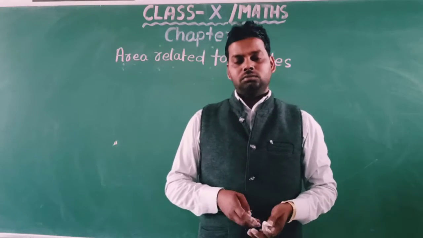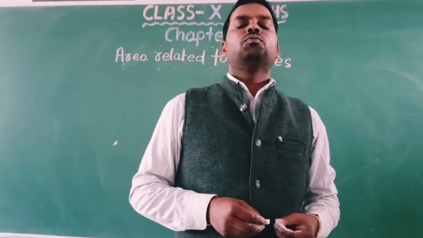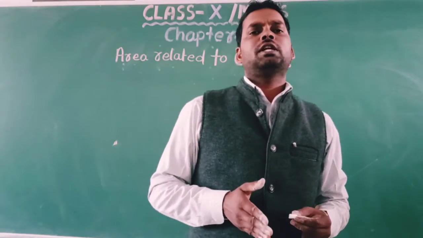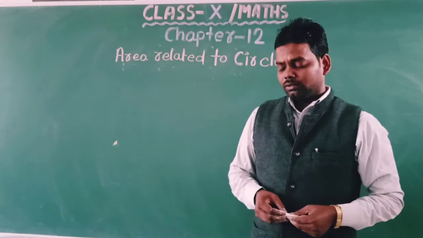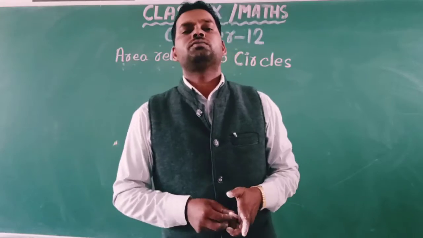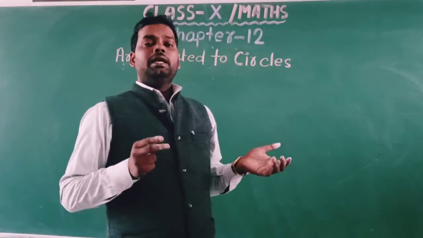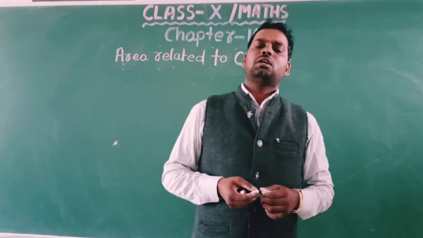Then we will also discuss finding the area of two special parts related to the circle, the segment and the sector, and also study the area of combinations of circular figures.